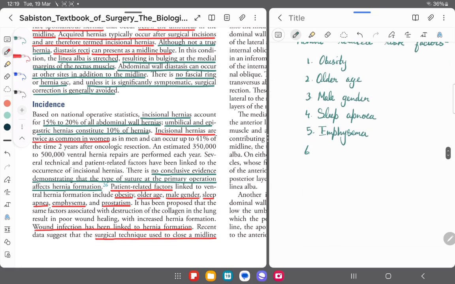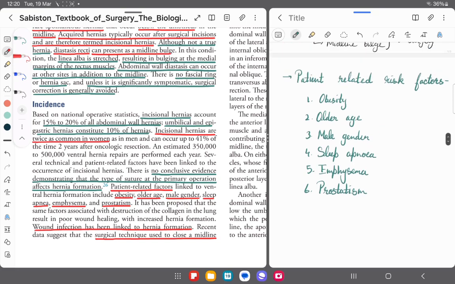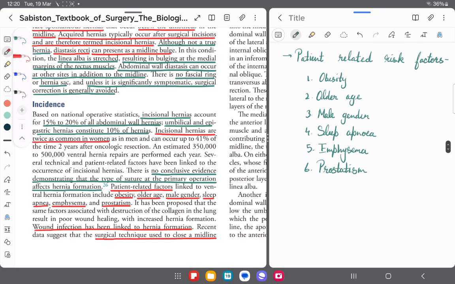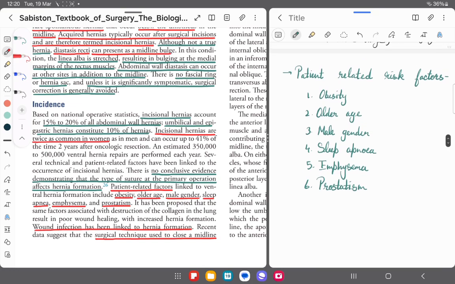Number 6 is prostatism. So these are patient-related risk factors.